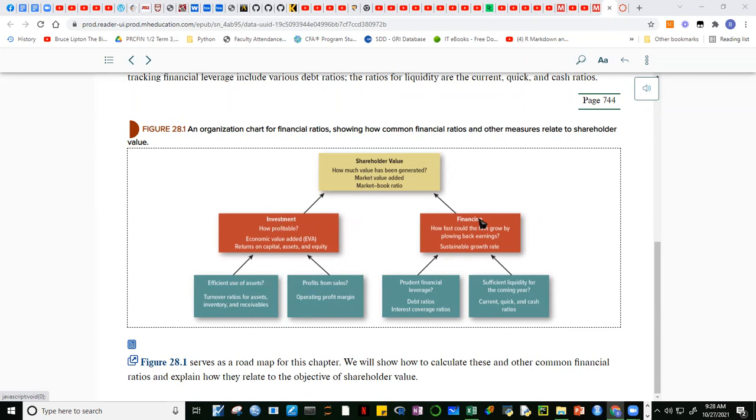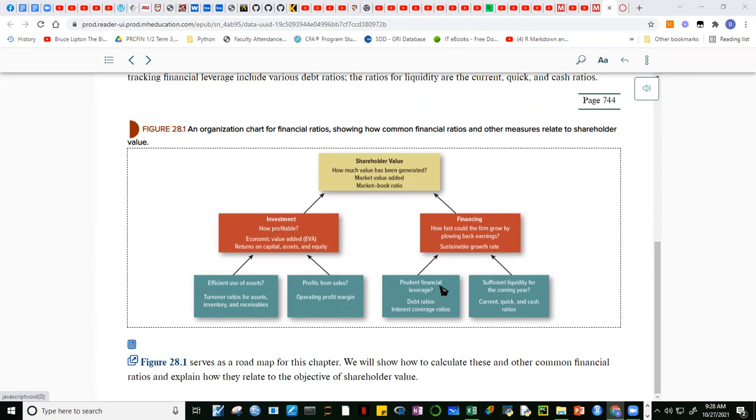And then as far as financing is concerned, we have financial leverage, the debt ratio. We know that capital structure or capital mix is all about the right mix and the right match. Right mix in the sense of how many percent of the firm's assets is financed by debt? How much is financed by equity?